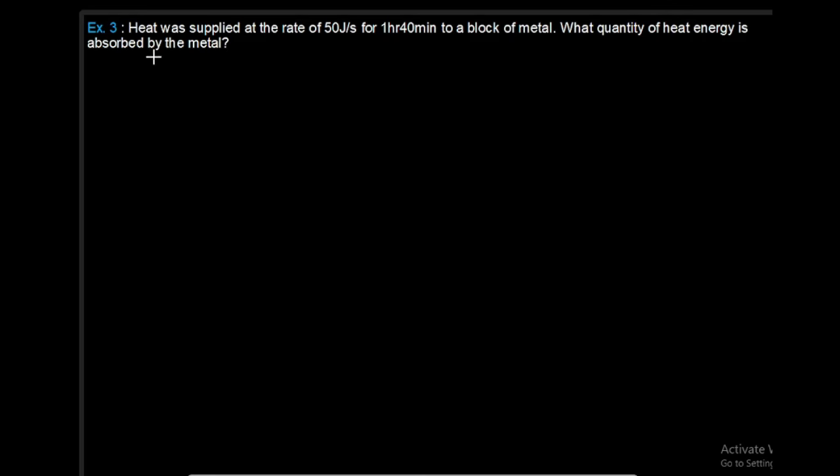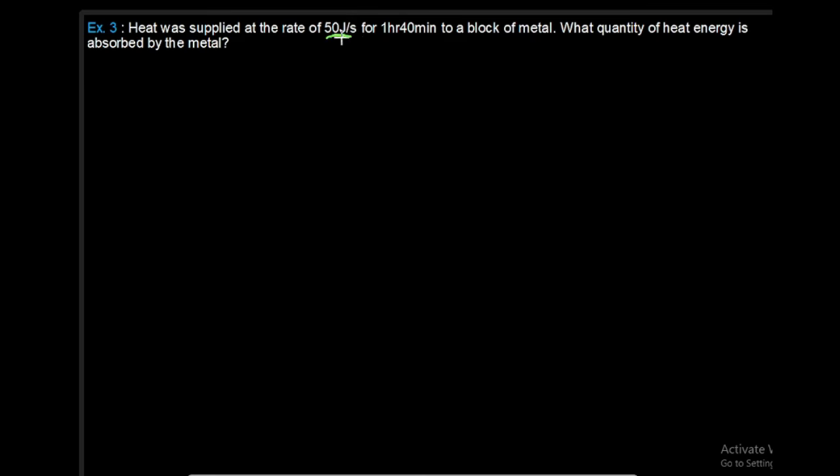All right, so this is another very important equation. Now, our next question says heat was supplied at the rate of 50 joules per second. This obviously is power. Power is the rate at which work is done over time. This is joules, which represents work, and then this is time, seconds.